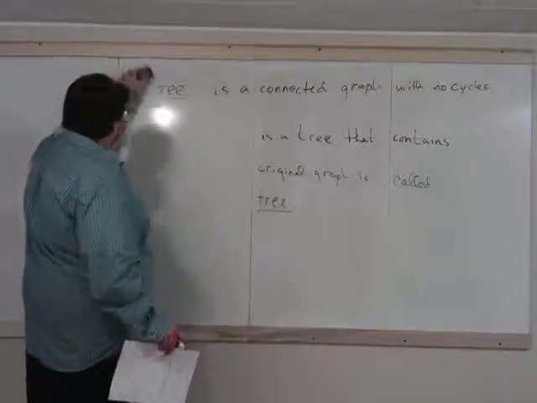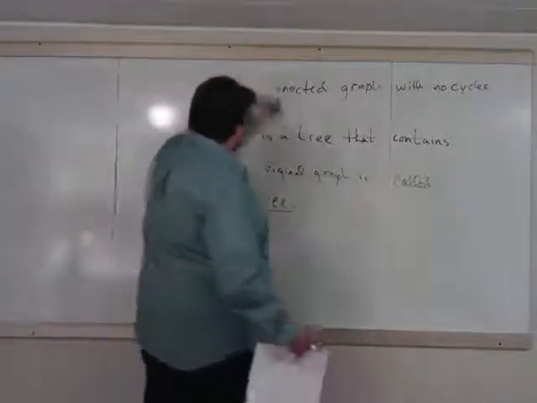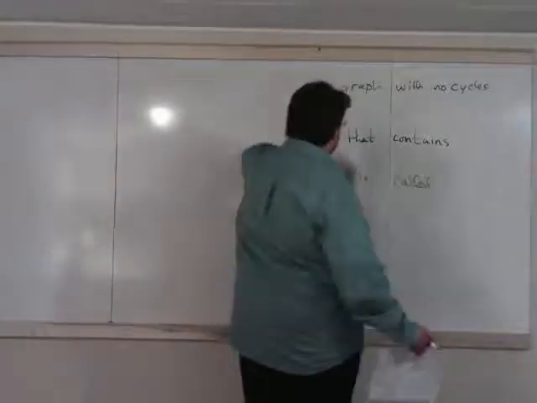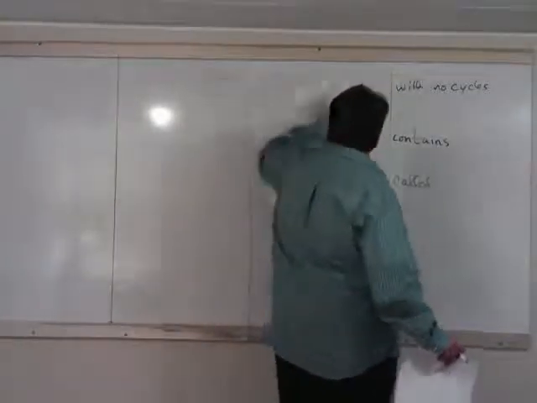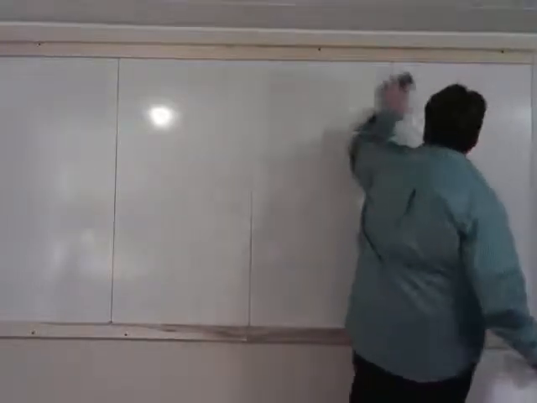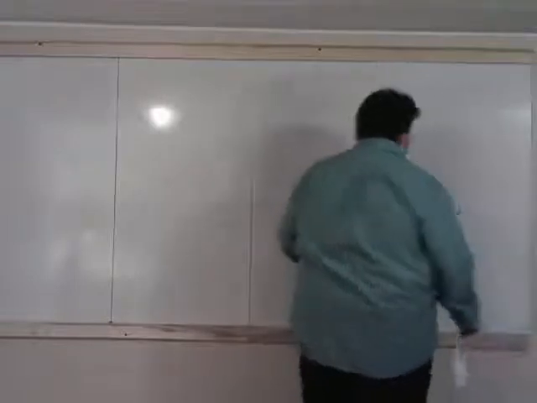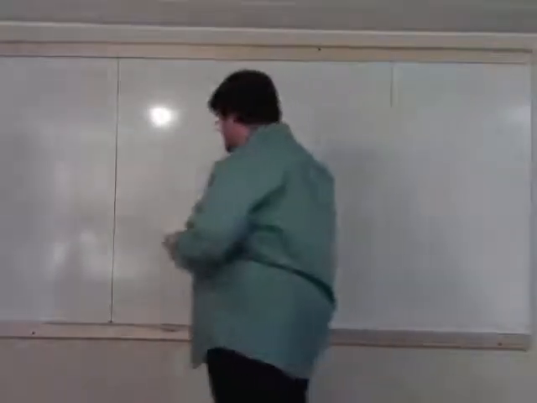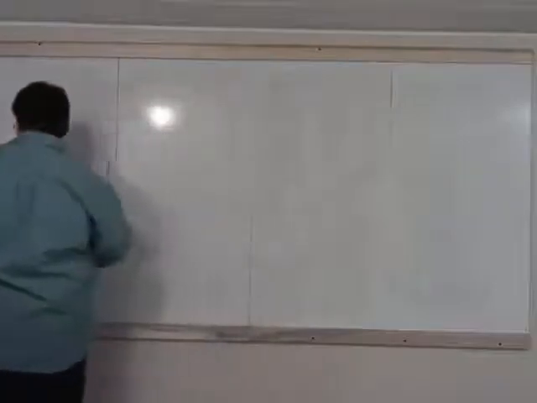So let's look at some examples of spanning trees. Let's look at one example of a spanning tree and several examples of things that are not spanning trees. Because our goal here is going to be to find some spanning trees, and we want them to be minimum cost spanning trees. So let's look at this graph.